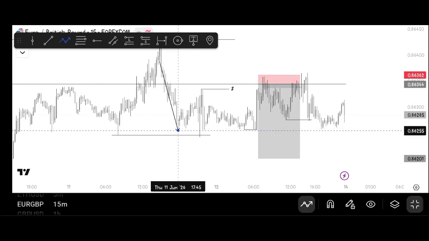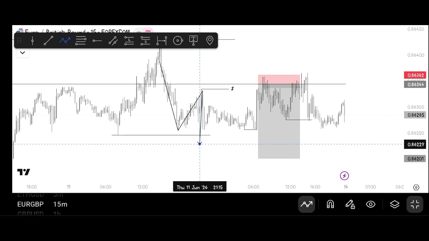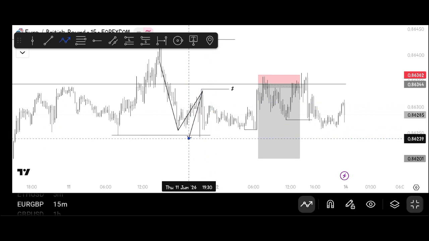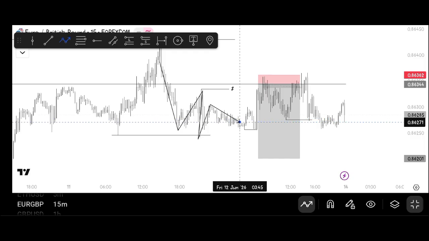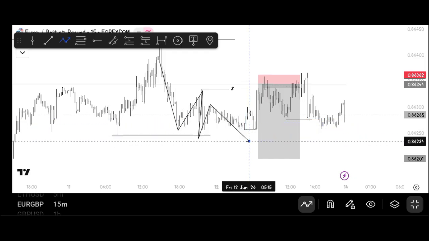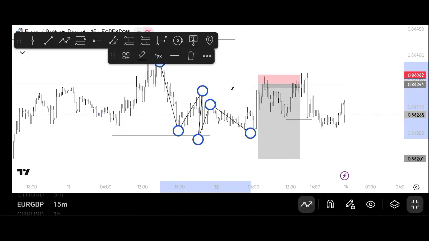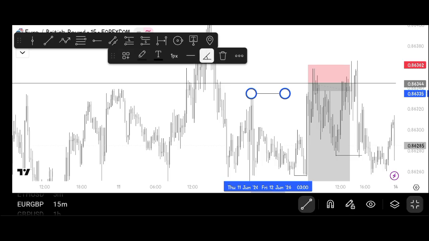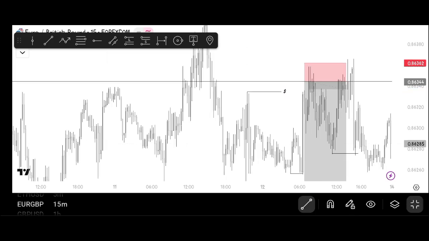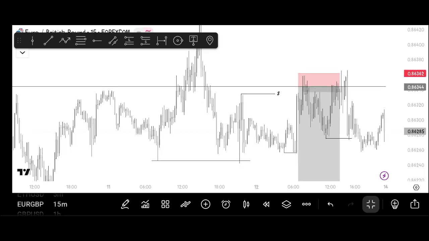After the change, this pullback right here, where price gave a change of character on the 2 hour time frame, it went back up there and started to induce early sellers. I knew this was going to be a liquidity sweep, so I had already identified my liquidity sweep. Now I'll show you why this place is a liquidity. Let me not get you confused.